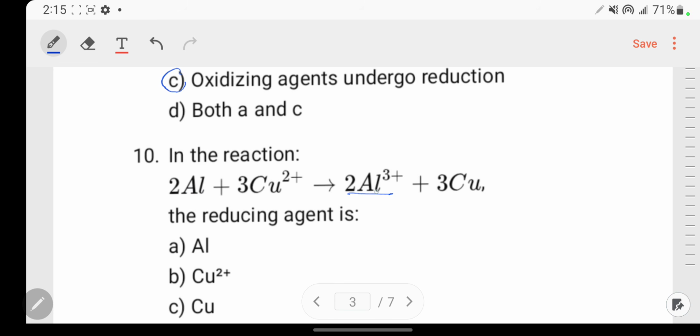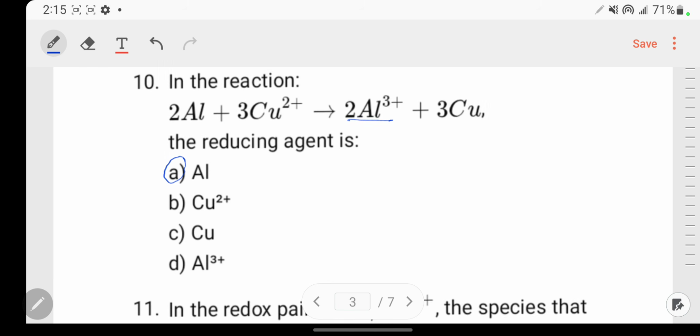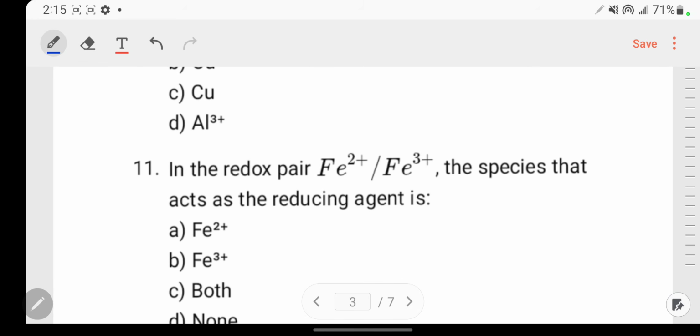Aluminium will become an aluminium ion if it loses 3 electrons. So the charge has become 3 positive, meaning to say it has been oxidized. The one that is oxidized, where it's coming from, is the one that we call the reducing agent. It has to end up being oxidized.